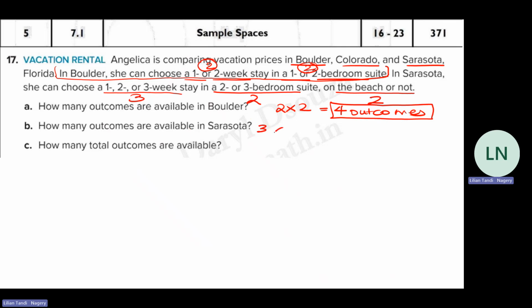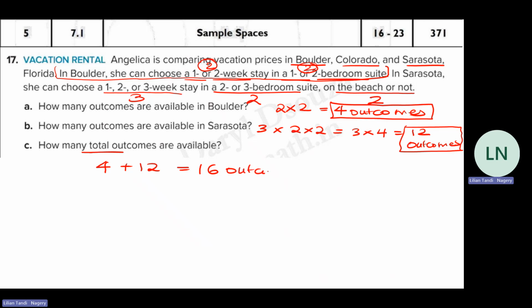She has 3, 2, and 2, which is 3 times 4, which is 12 outcomes. Make sure you read carefully. Okay, how many total outcomes? So total means to add. So 4 plus 12, giving us a total of 16 outcomes. You box your answer.